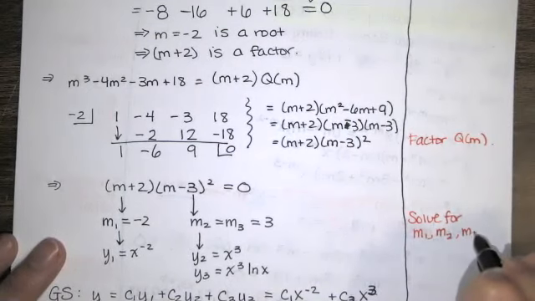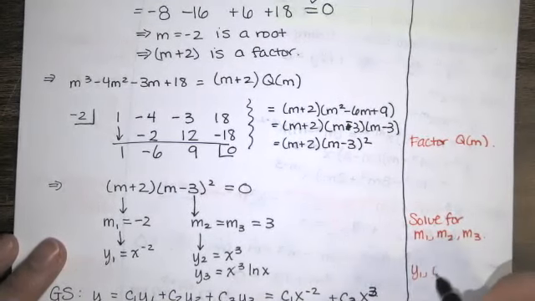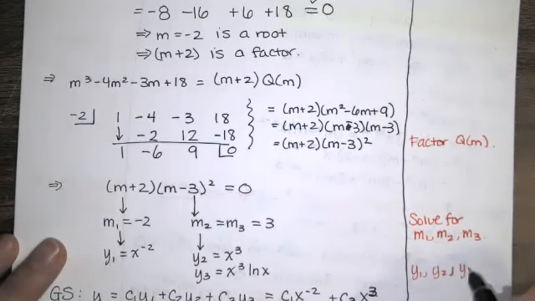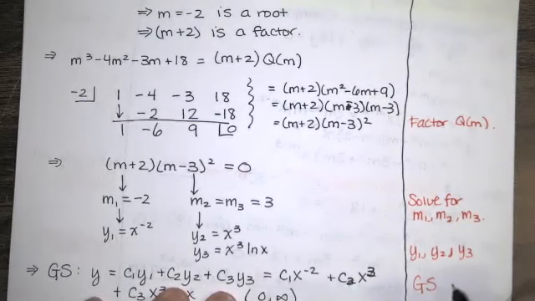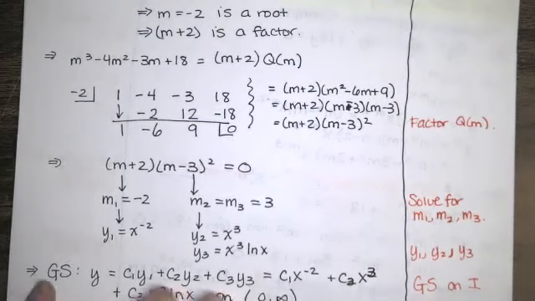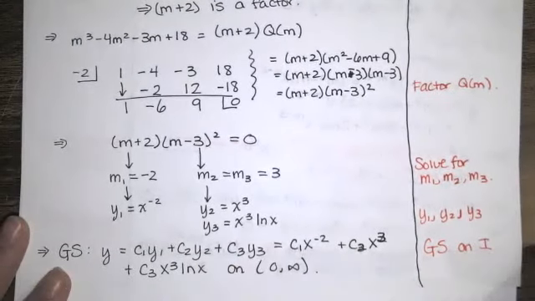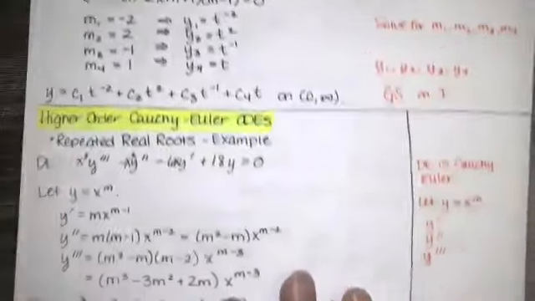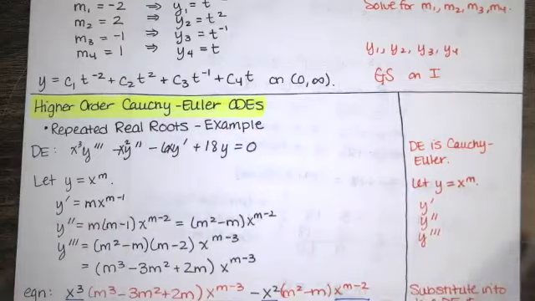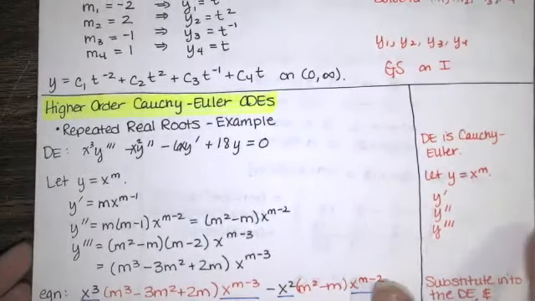Then you have solutions y1, y2, and y3. And then the general solution is C1y1 plus C2y2 plus C3y3, and it's on some interval I. Okay, so that was our example of repeated real roots. In the next example, hopefully we'll see some complex conjugate roots.